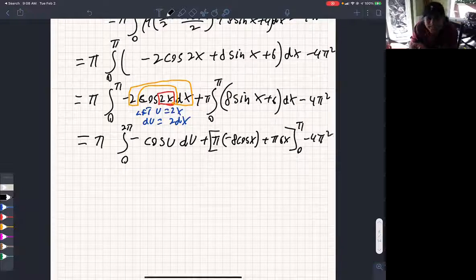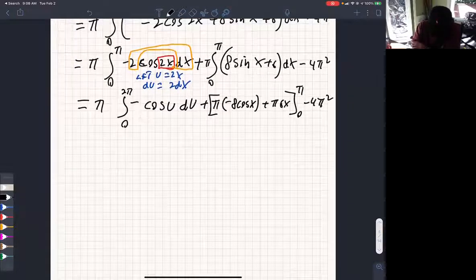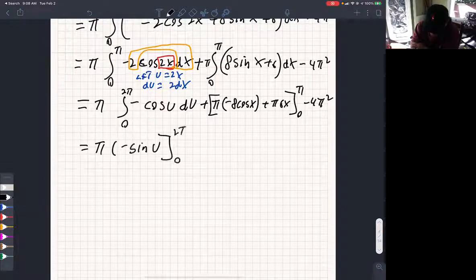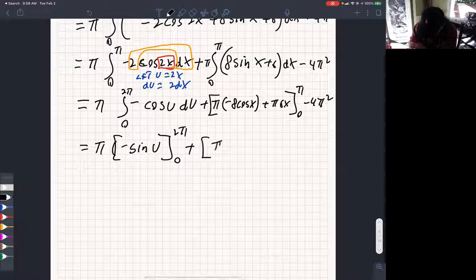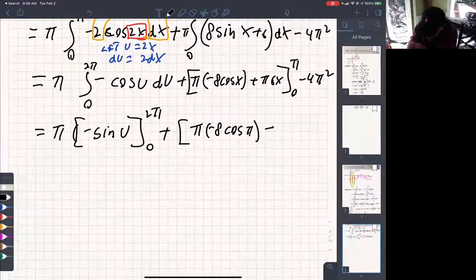I hope this comes out right. I will be so excited if it does. All right, let's keep going. The antiderivative of minus cosine is minus sine u. Plus, we can start plugging things in. Pi times -8 cosine pi plus, oh man, I am running out of room.